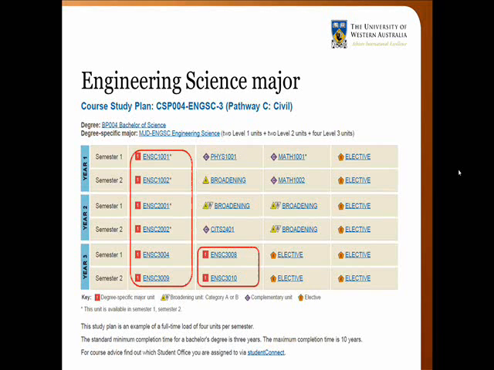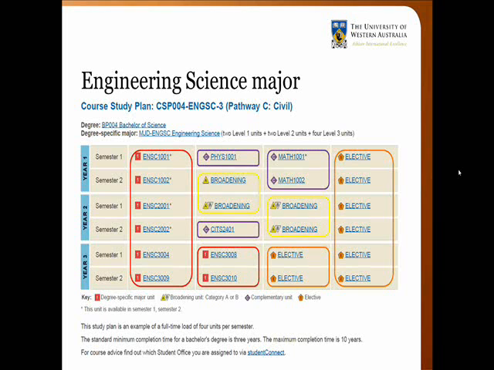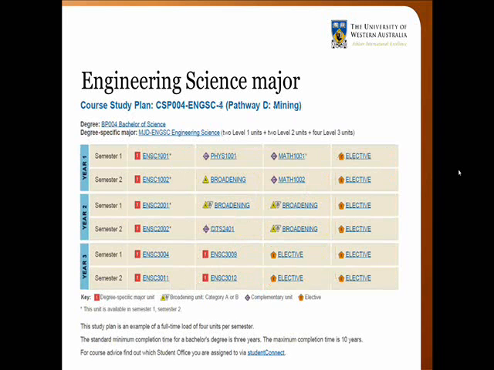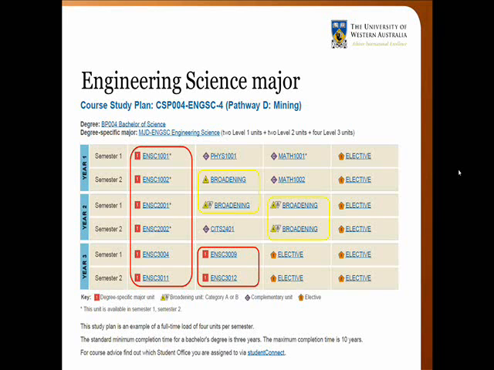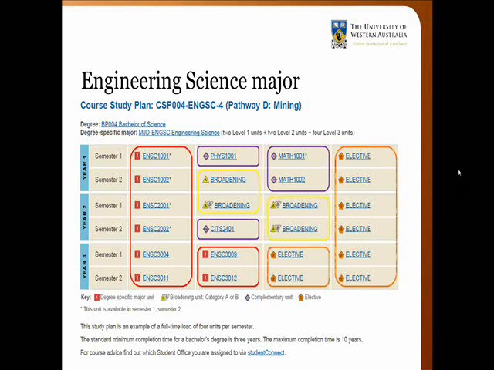Civil: complementary units, degree-specific major units, broadening units, complementary, and electives. This is for the mining pathway. There's your degree-specific major units, your broadening units, complementary units, and electives or second major units.